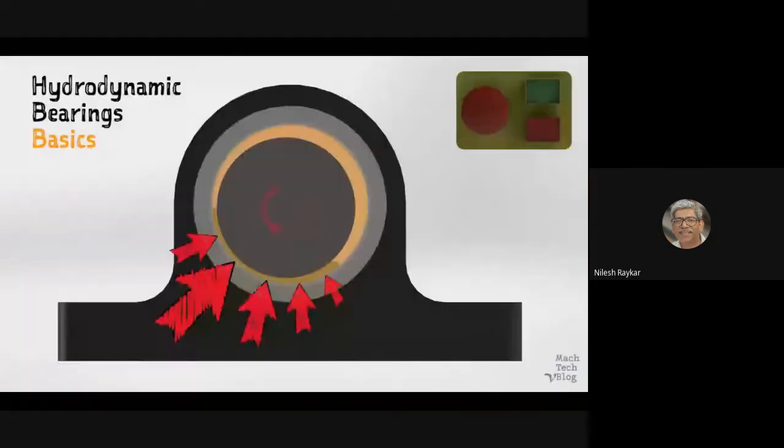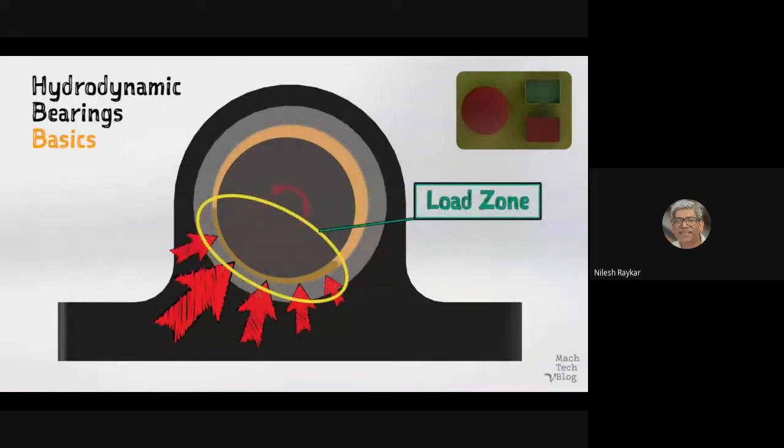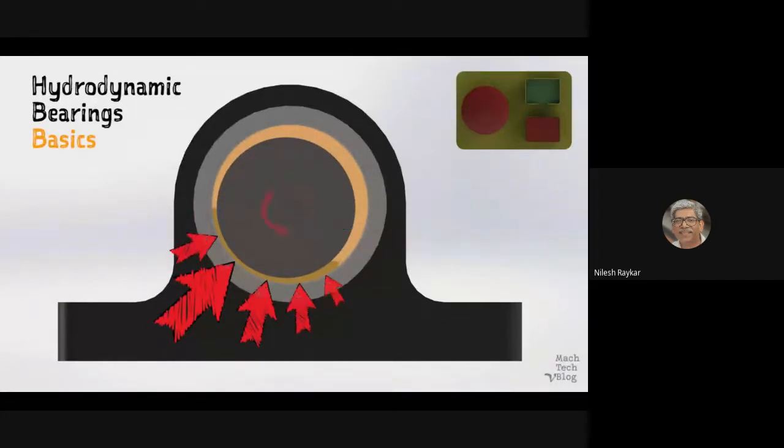Loads imposed on the bearing are supported in the load zone, and the relatively wide area of the load zone explains why hydrodynamic bearings have such a high radial load carrying capacity.